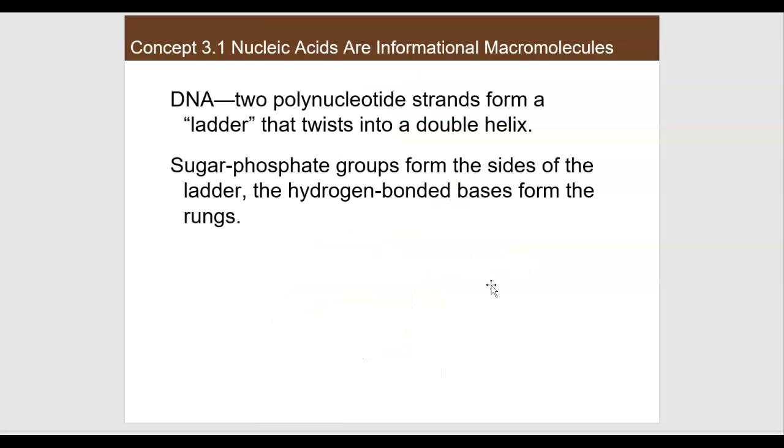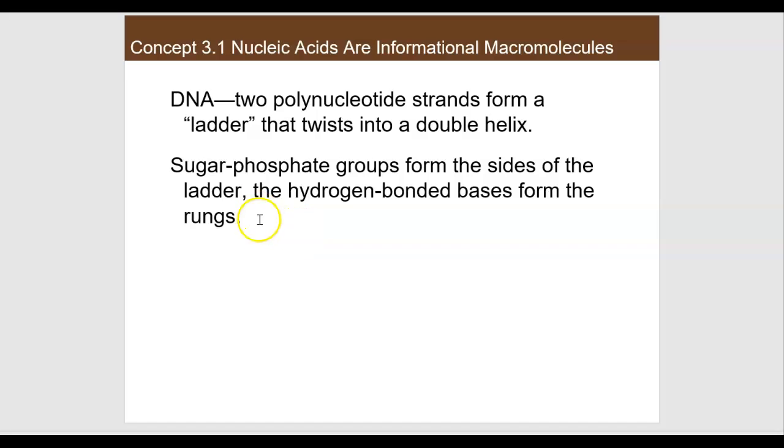DNA, though, is a polynucleotide, which just means there's a lot of nucleic acids or monomer units that are all joined together, but it has 2 strands, and they join together by complementary base pairs, and then they're going to form that double helix ladder.